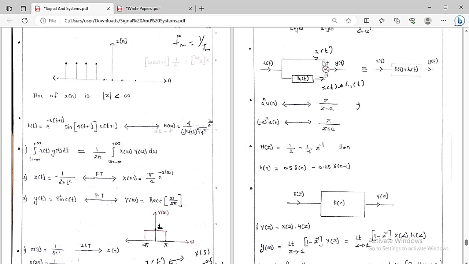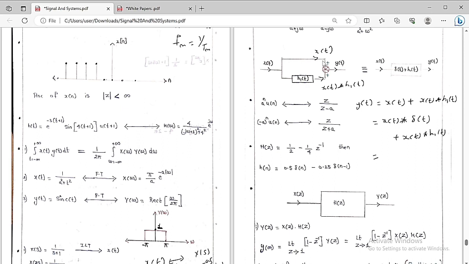So y of t is equal to x of t plus x of t convolution of h1 of t. Now x of t I can write as x of t convolution of delta of t, because I know x of t plus x of t convolution of h1 of t.